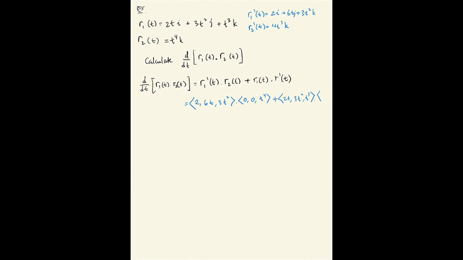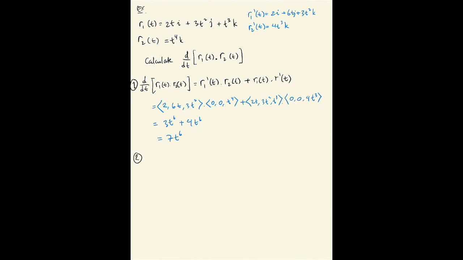So 3t to the 6th plus 4t to the 6th, it will be 7t to the 6th, right?